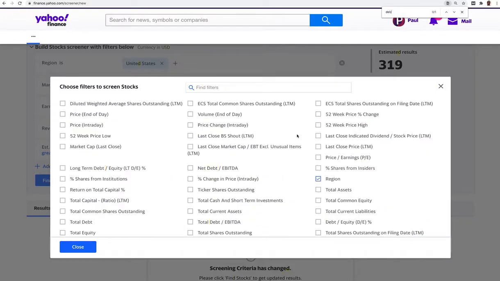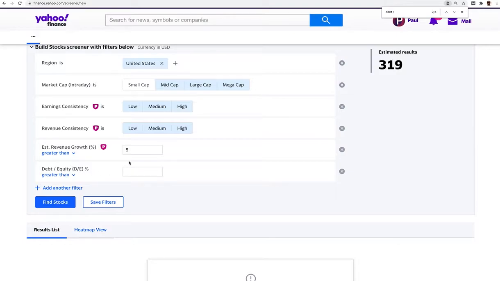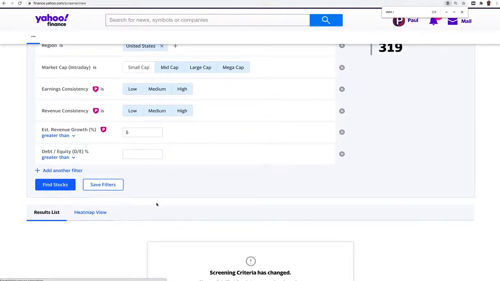Now let's add in here debt to equity. Well, we want to keep it under 1.0. I mean, you can pick whatever you want to pick. In my preference, low debt, we want to make sure that the debt is under 1.0 because it needs to be less than the equity.